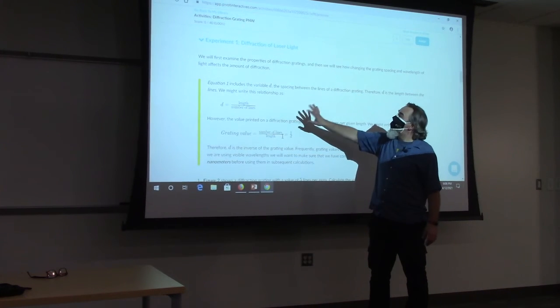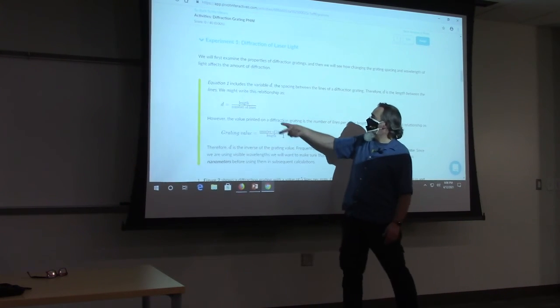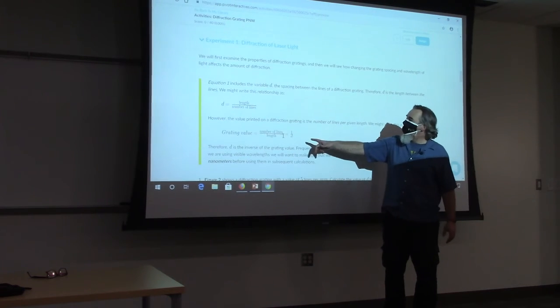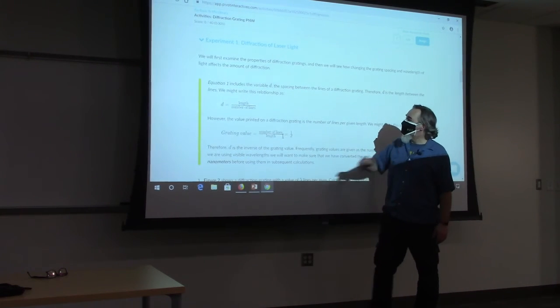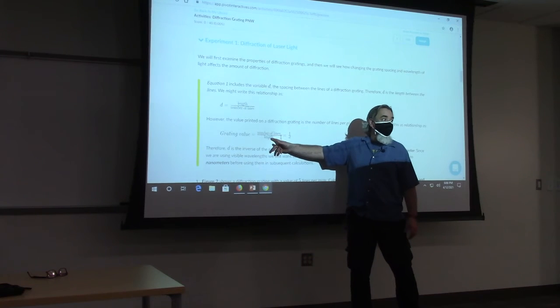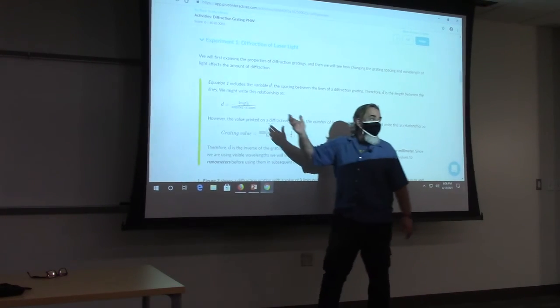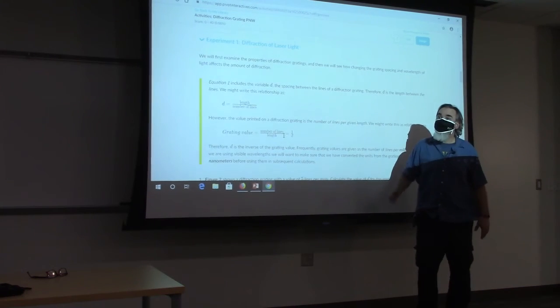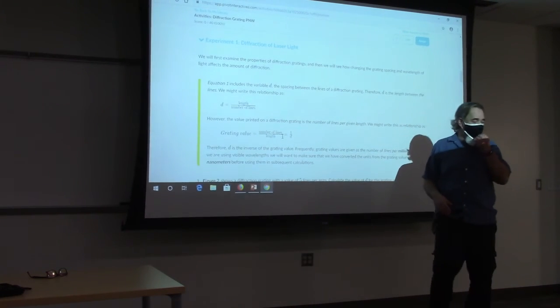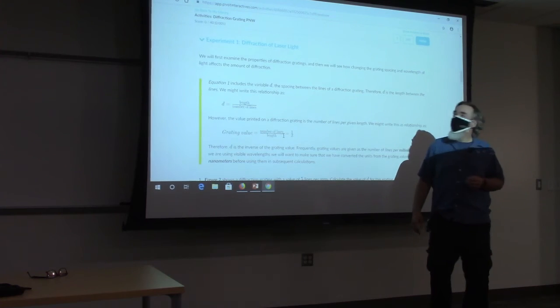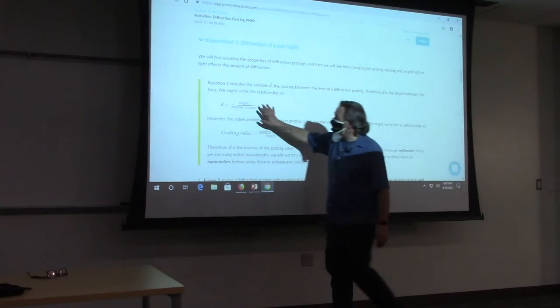So to get D and use it in the lab, you've got to take the inverse of the grading value. So if you're given something in lines per millimeter, D is the inverse of that. D has to be in millimeter per line. So just be careful with that. Questions come up a couple of times. Just what D actually represents.